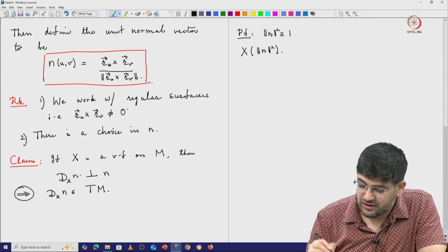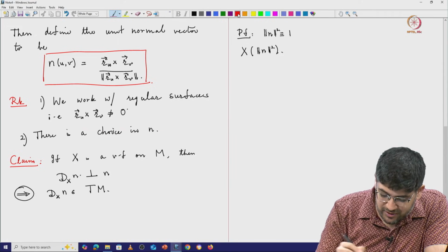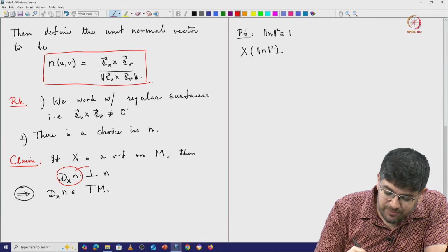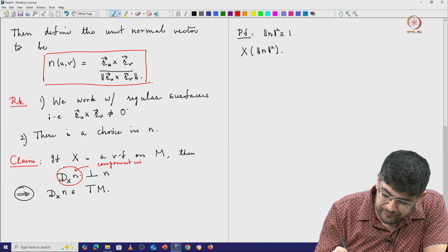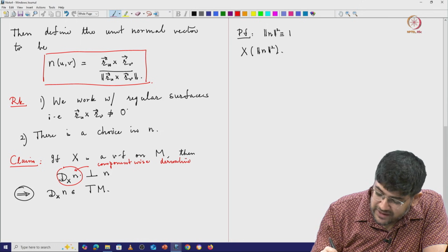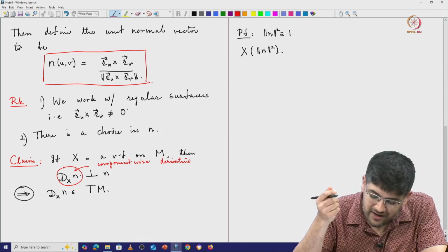norm squared, by the way, before that I should point out that when I write this, this is basically the component wise derivative. So in multivariable calculus we learn how to calculate directional derivatives of functions.